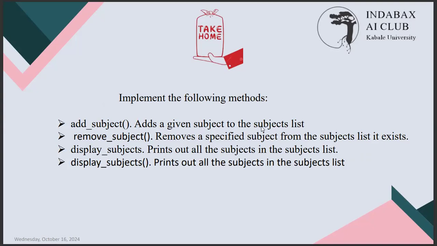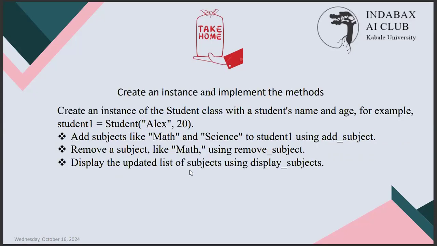Maybe a student already has some two subjects. Then you create a method that adds another subject to the student. Then remove subject for deleting a certain subject. Then display subject. This method should just display the subjects that a given student has. Okay, yeah. Then finally, you create an instance and implement the methods.